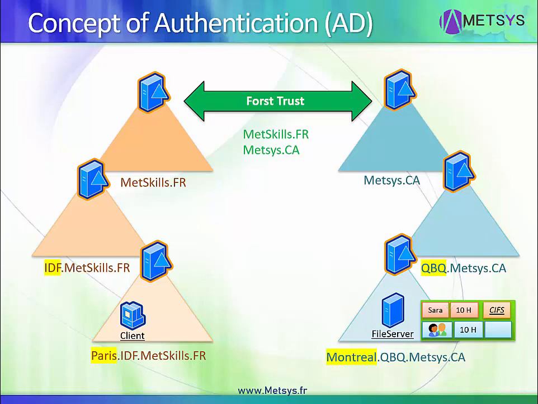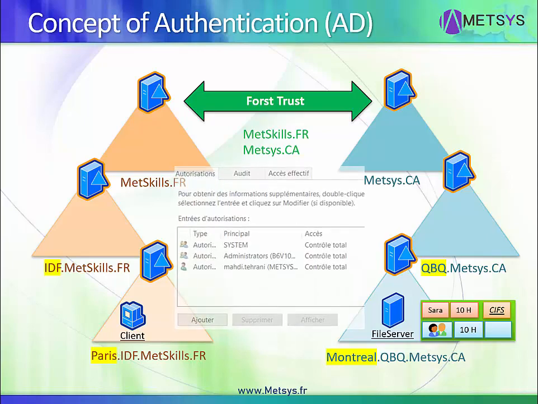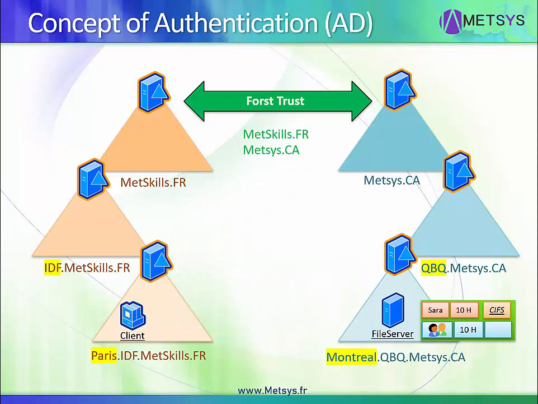But there's one more thing that we need to add. What happens if the client does not have access to the file server? What do we mean by that? I mean, when there is a deny permission on the file server, what happens? Well, I have to say that this problem is not the problem of the KDC. Authorization is done by the operating system. So the file server will take a look at this part.